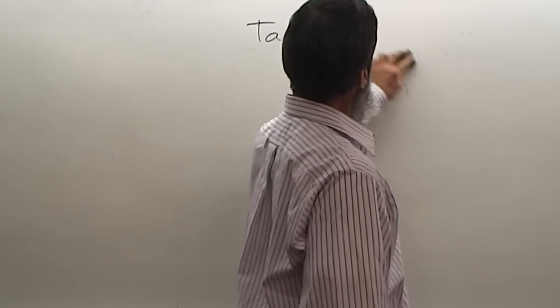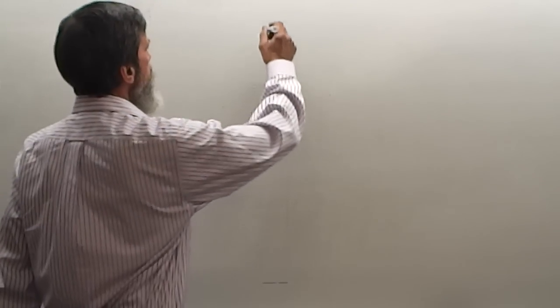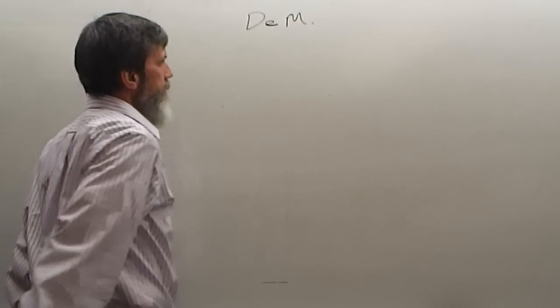The remainder are pretty complicated. So let's see, what shall we do next? I think we'll look at De Morgan's theorem. De Morgan's theorem has two applications.